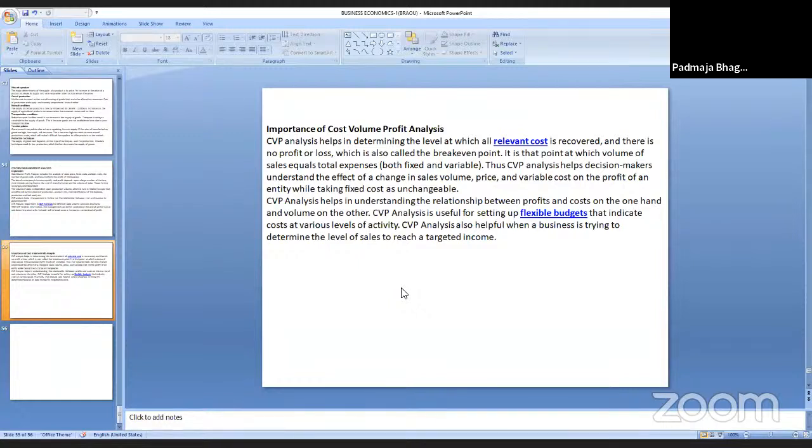Cost will be one side and volume will be on the other side.